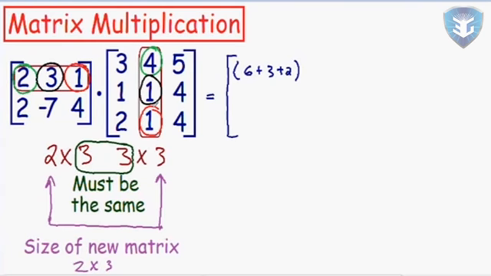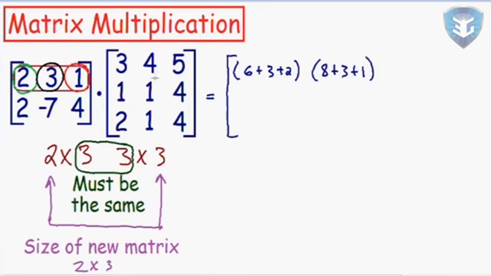And if we multiply the green numbers together, we get 2 times 4, which is 8. If we multiply the black numbers together, we get 3 times 1, which is just positive 3. If we multiply the red numbers together, we get 1 times 1, which is just positive 1. And now we have multiplied the first row by the second column.